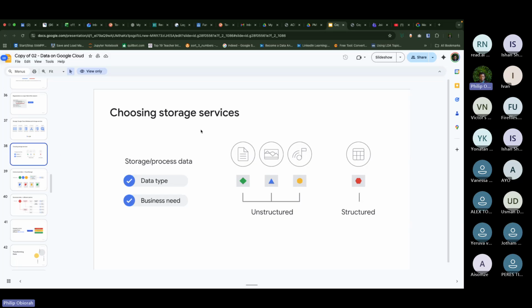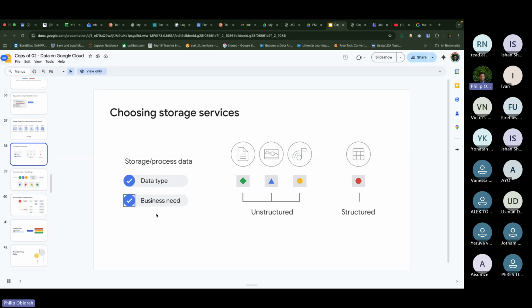So if our data type is structured or unstructured, there are two considerations to make: data type and business need. That's the decision we have to make in choosing a storage option.